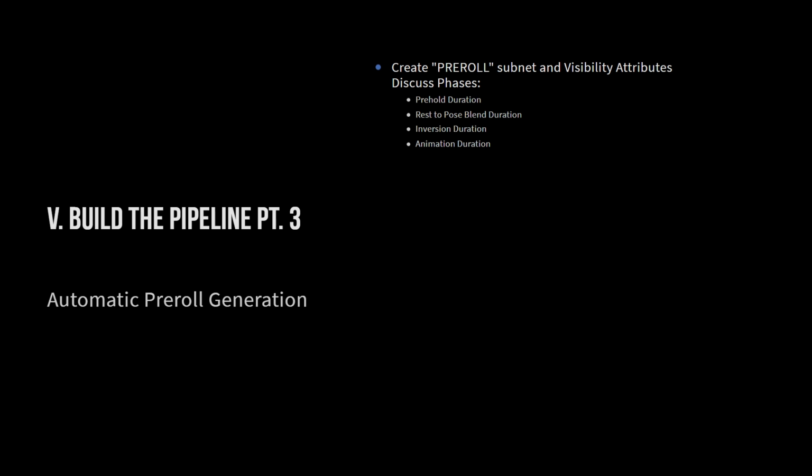So our pre-roll subnet is going to have different phases. There's going to be the pre-hold duration, which is how long the initial settle is in rest pose. There's going to be the rest to pose blend duration, which is essentially going from the rest pose to the first frame of anim pose.